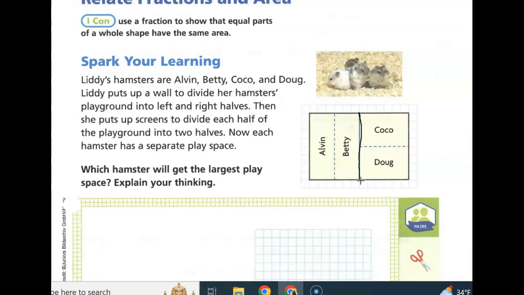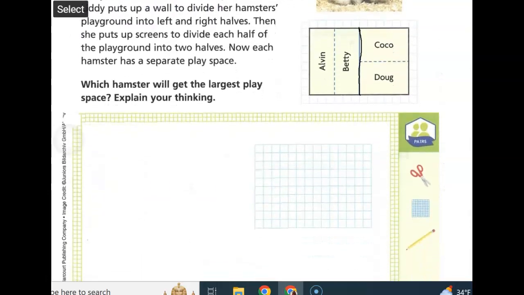And then she equally divided those halves. Now, one of them she drew a vertical line, and one she drew a horizontal line. And even though it doesn't look like it, each one of those sections is 1/4 of her original play area for her hamsters. Okay? So they are all going to get the same space.